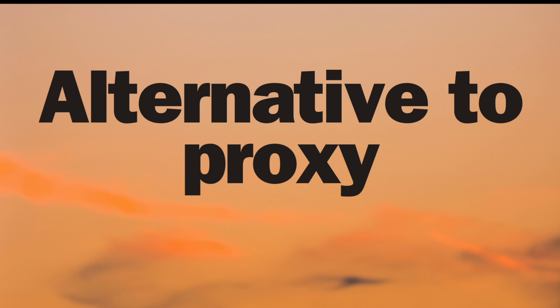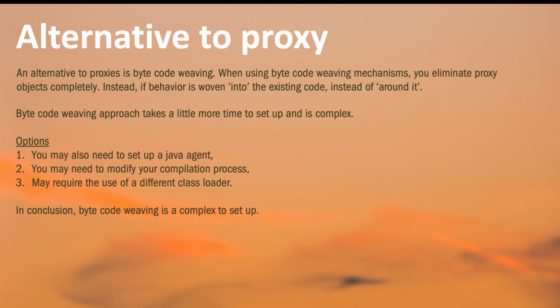We have been talking about proxies and all their uses, but what is an alternative to proxies? An alternative is what we call bytecode weaving. When using a bytecode weaving mechanism, you eliminate the need for proxies, the need for all those objects, completely. Instead of having behavior woven around a target object, you actually weave the behavior into existing code.